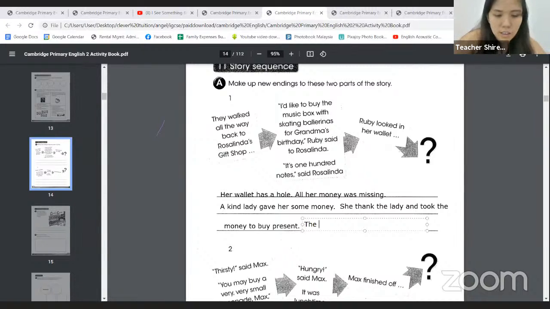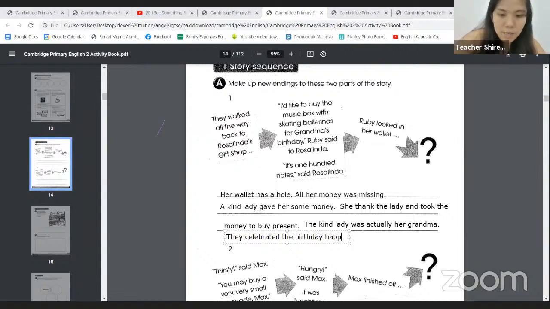The kind lady was actually her grandma. They celebrated the birthday happily. Okay.